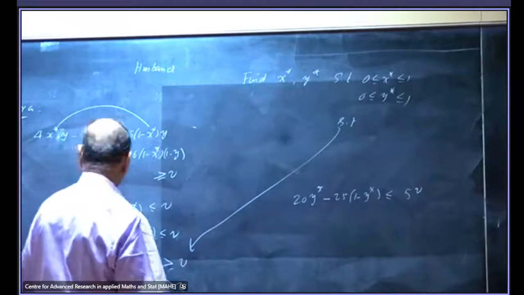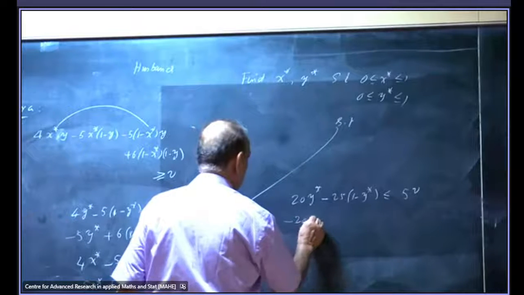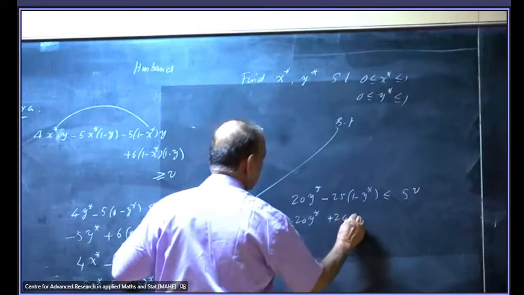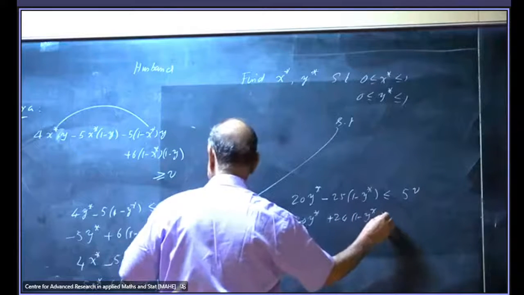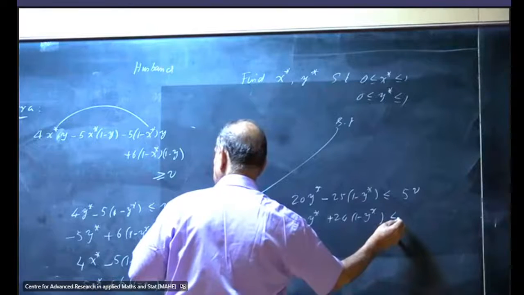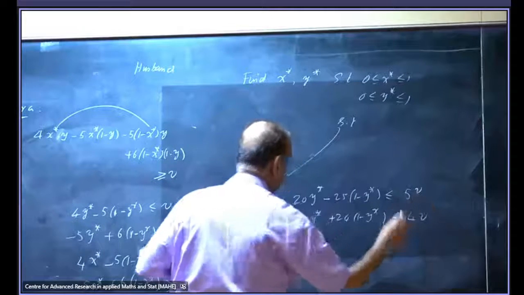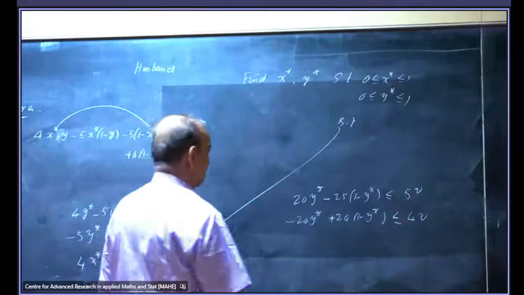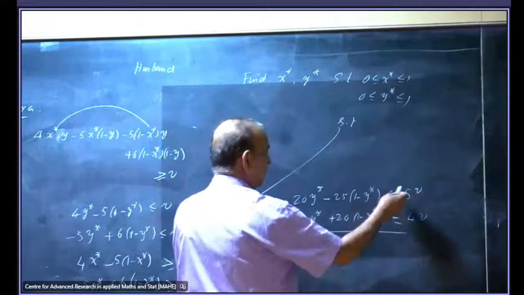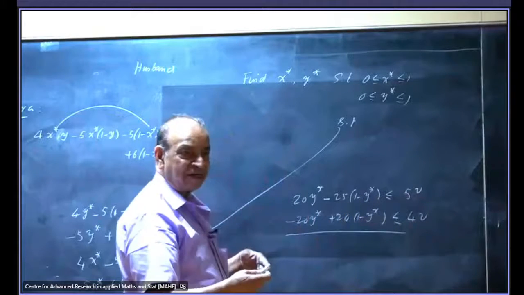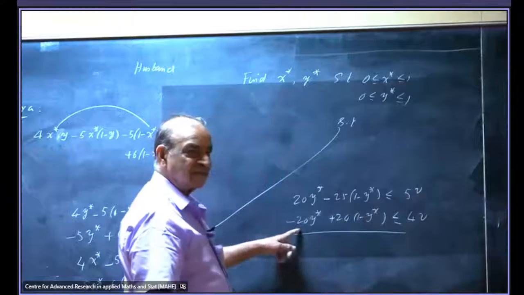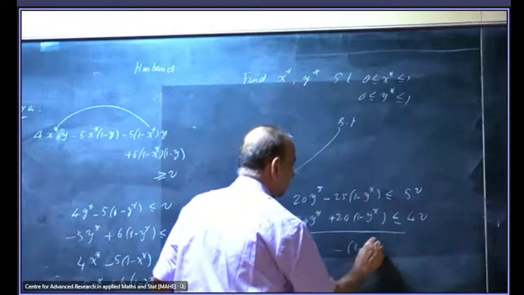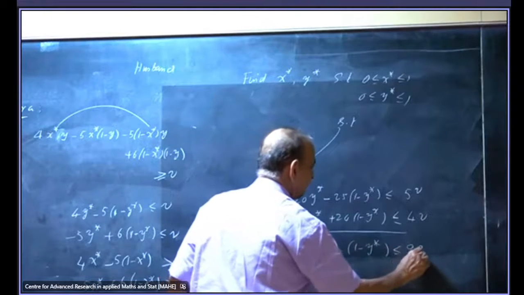This one, I can multiply by 4: minus 20y star plus 24 times 1 minus y star is less than or equal to 4b. Agree? Now, if two inequalities are there, you can add them, they maintain the inequality. So this dies, and this gives you minus 1 minus y star is less than or equal to 9b.